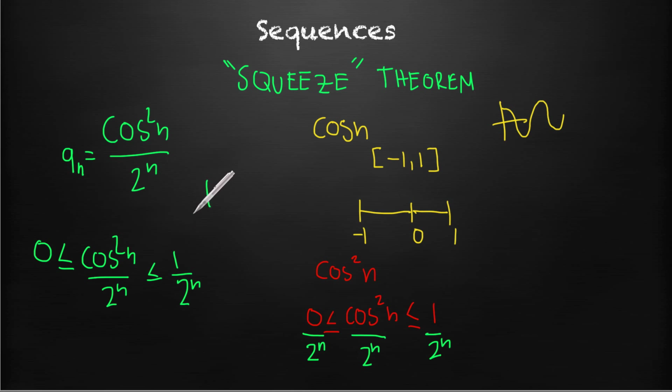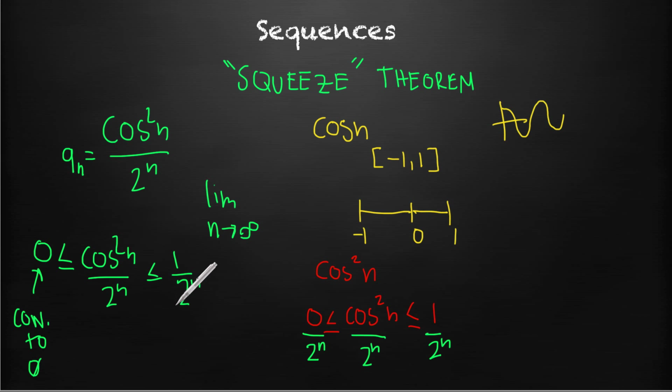Well, if we take a look at this, as n approaches infinity, y equals 0 is just going to be 0. So this will converge to 0.